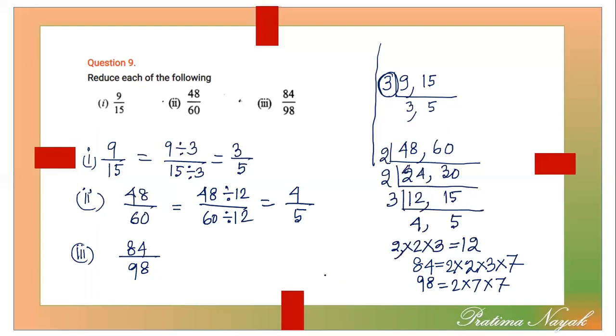So what is the divisor here? The divisor is 14. 7, 7, 2, 7, 2. 14. So 14 is the common divisor. So I'll divide by 14. So how much will it be? 14 times 6 is 84, 14 times 7 is 98. So the answer is 6 by 7.